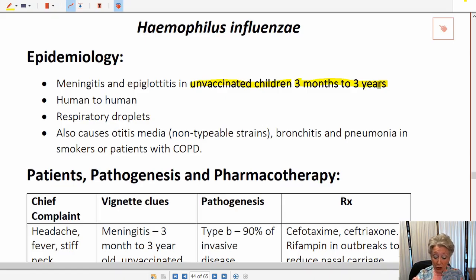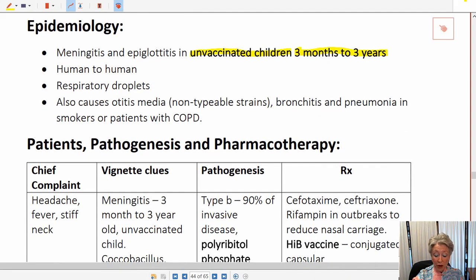Okay, transmission is human to human via respiratory droplets. And remember, there are also strains that will cause otitis media, and unfortunately, those strains are not protected against by the vaccine. Any of the invasive disease forms are indeed protected against by the vaccine.